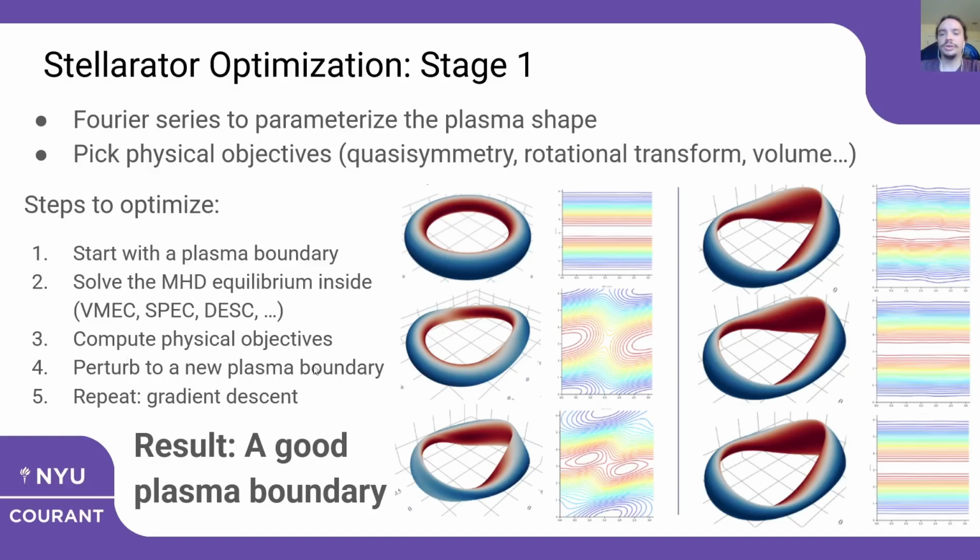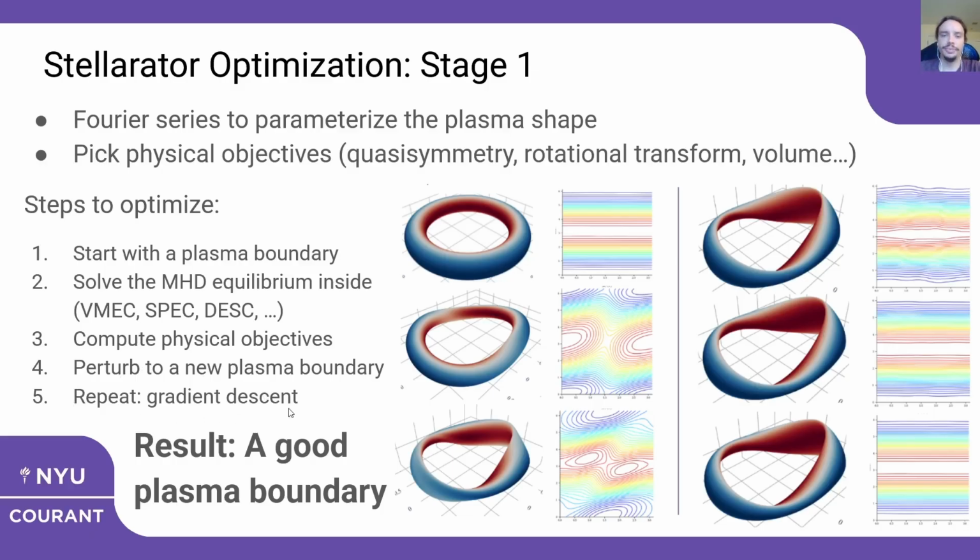And we can take those answers that we get and use them to nudge our stellarator, perturb it to get a new boundary for the plasma. We can choose the direction to perturb it using an algorithm like gradient descent, which you might know from things like machine learning. And then we repeat over and over until our stellarator is honed to be as quasi-symmetric as we can get it.